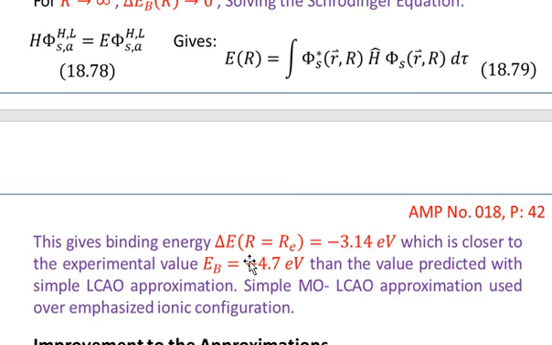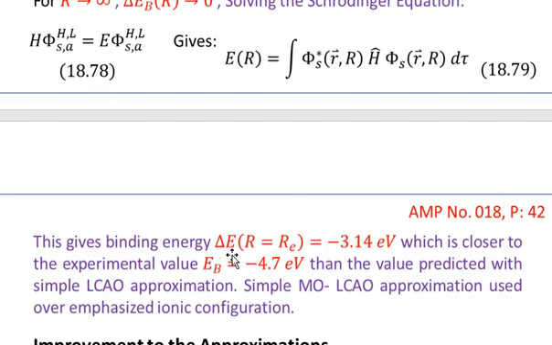This gives a binding energy delta E as a function of R at R equal to RE, where RE is the equilibrium distance, that is the distance at which the potential energy becomes the minimum, and at this value of R we have the energy which is called the binding energy.